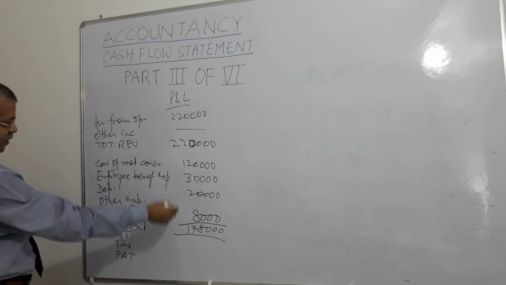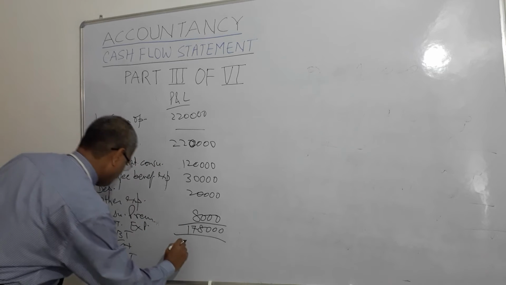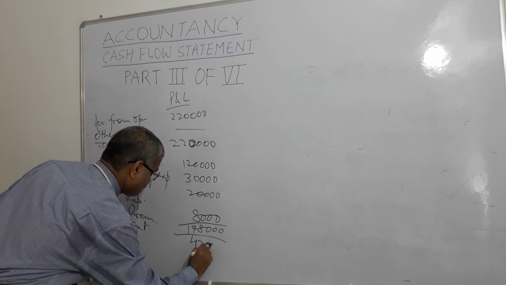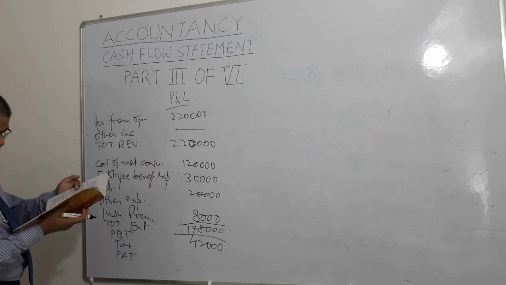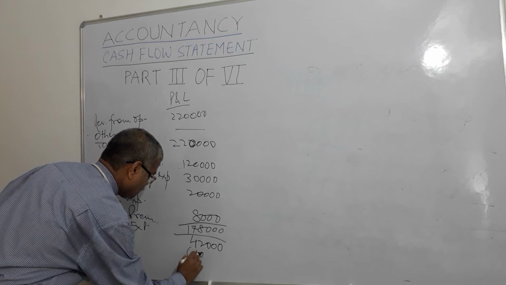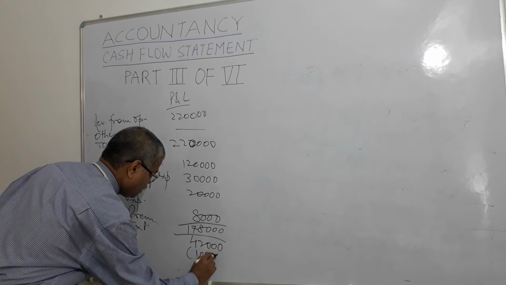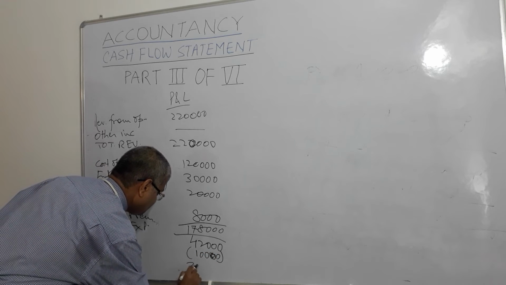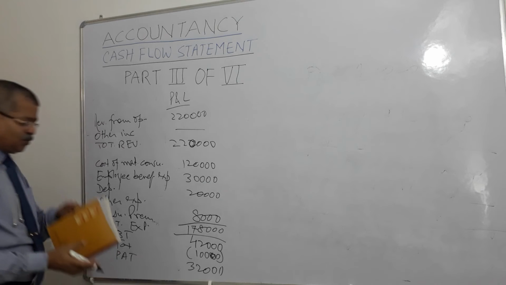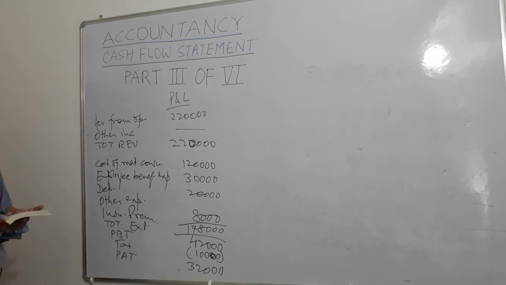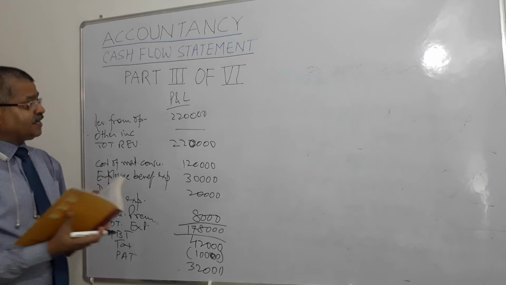So what is PBT? 220 minus 178, that is 42,000. Tax is 10,000. So PAT is 32,000. Profit after tax is 32,000. Now what have they given? Additional information.